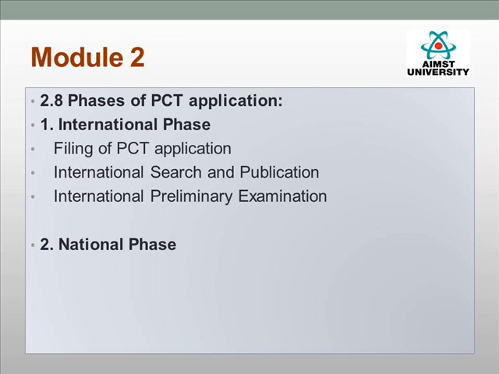On filing the request, a preliminary examination on the patentability of the invention is conducted and an international preliminary examination report on the findings of the examination is issued. This marks the end of the international phase.